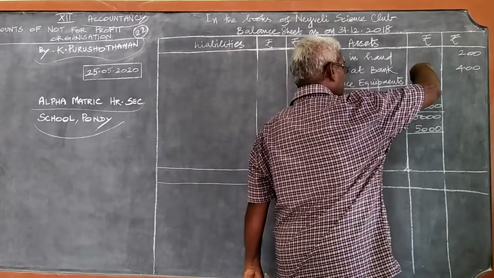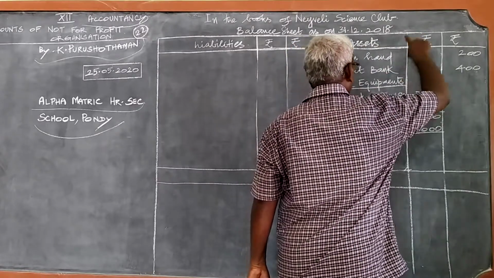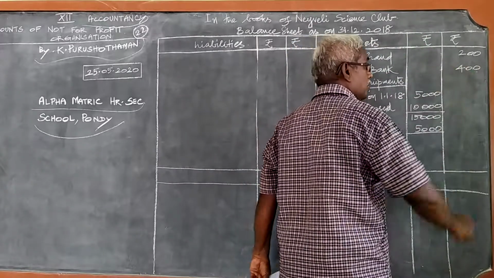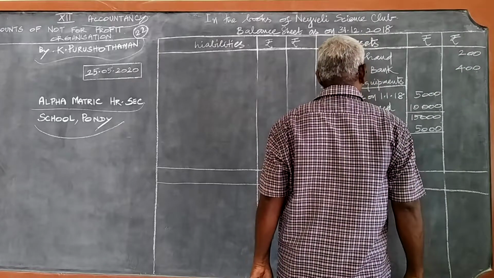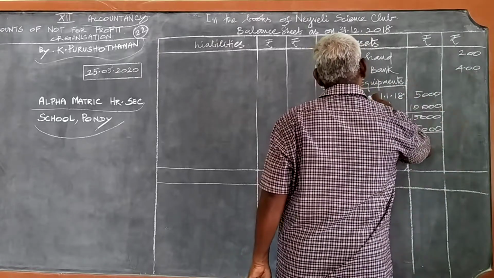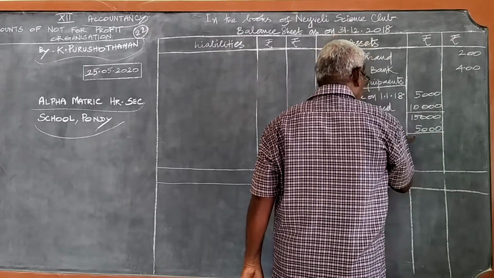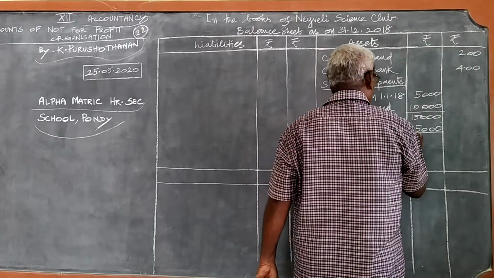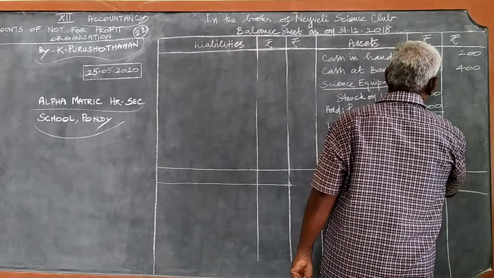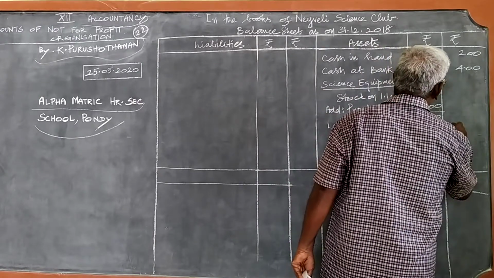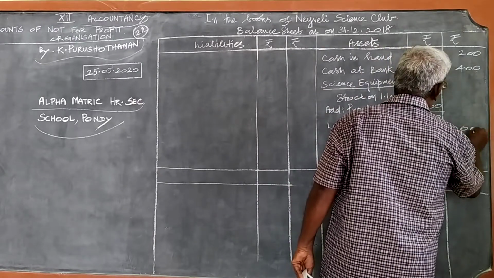That profit was entered in the income side of the income and expenditure account. Here, how much science equipment was sold away? The science equipment valued 5,000 was sold away. So 15,000 minus 5,000, 10,000.